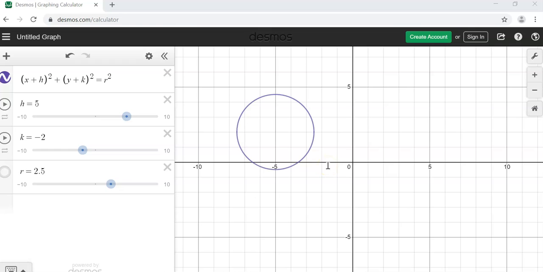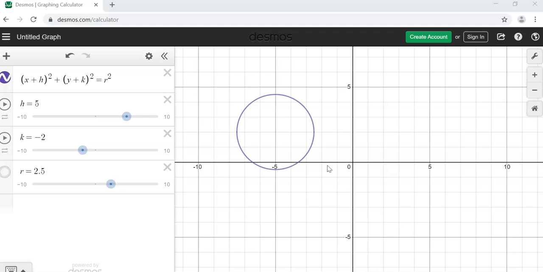As we can see, I've changed this value here to negative 2, and because this is being squared, it's the opposite of what we think. So when this is negative, we're going to shift our circle upwards by 2 units. Since our x-coordinate was at negative 5, and now it's been shifted up 2, the new center of our circle is going to be at (negative 5, 2).